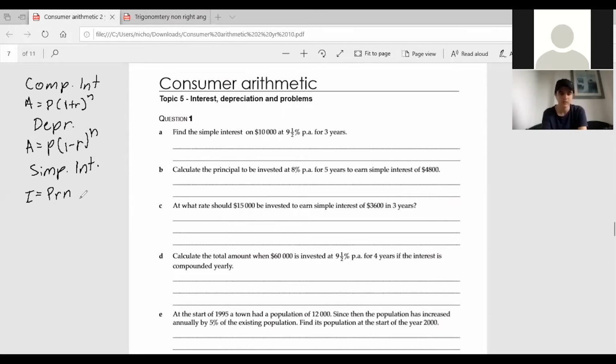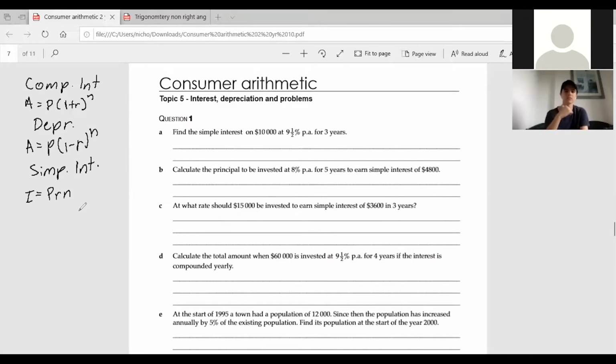And what's the difference between I and A? I is the interest and A is the amount.